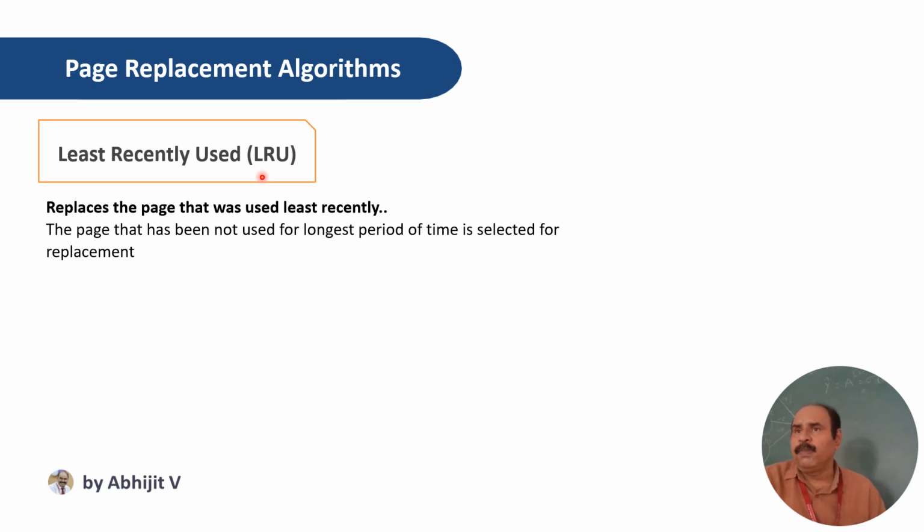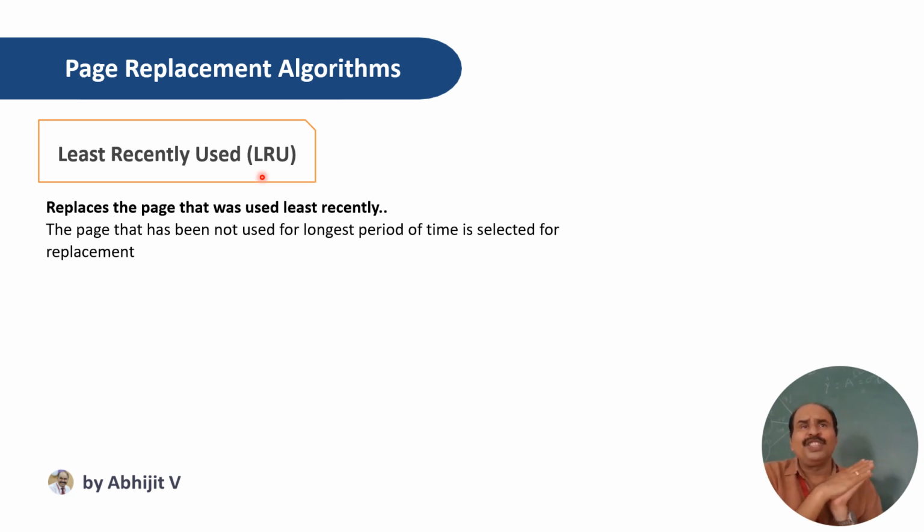The second type of algorithm is the least recently used algorithm, or the one that is not at all used. That will be taken and replaced so that the processor is effectively utilized. The pages that are not very frequently utilized. In first in, first out, whichever came in first goes out.